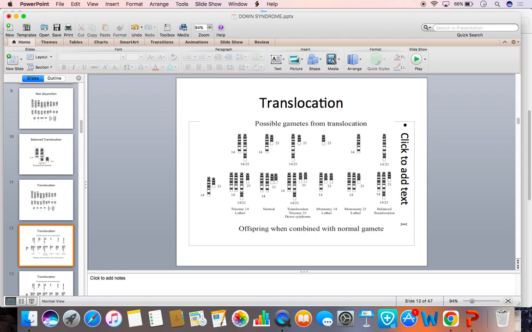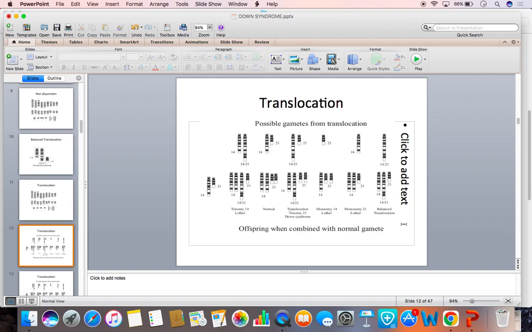So now you got the point. In non-disjunction Down syndrome, the total number of chromosomes is 47 with 21 trisomy. Whereas in translocation Down syndrome, the total number of chromosomes remains 46, but there is an additional copy of chromosome 21, which is translocated on chromosome 14.